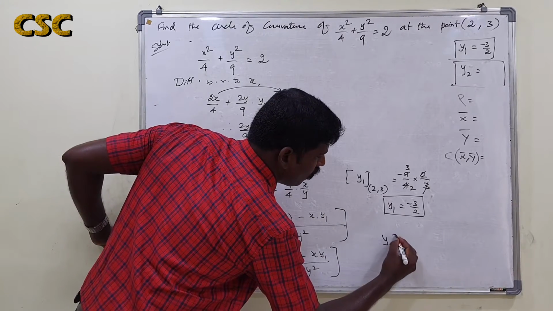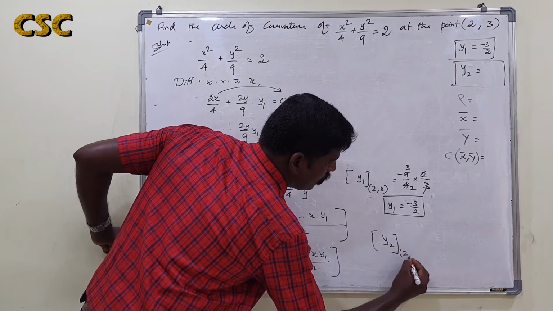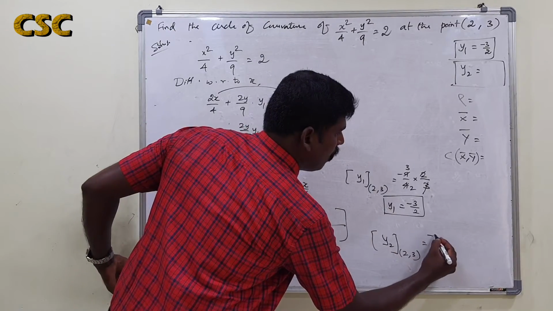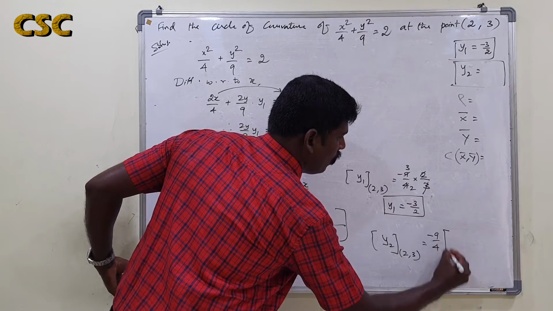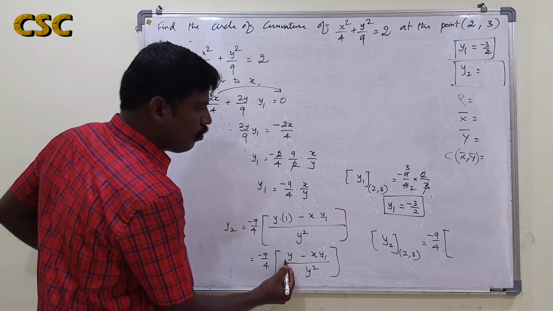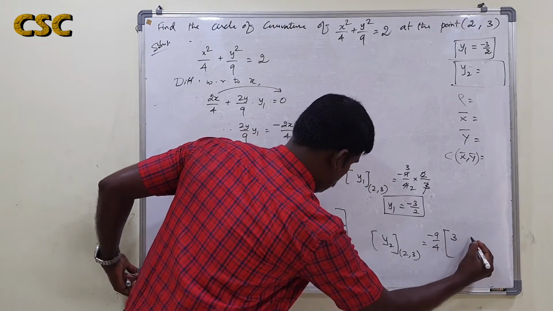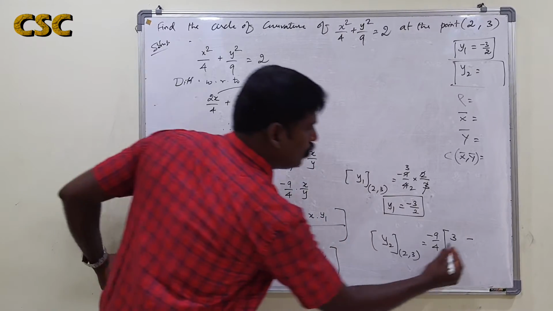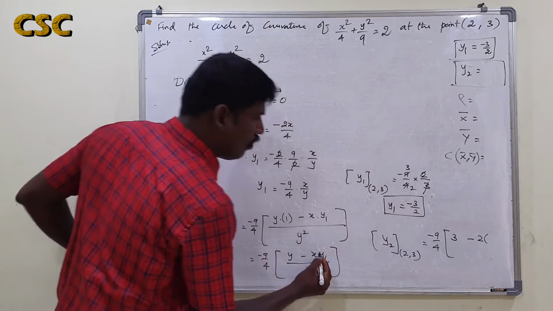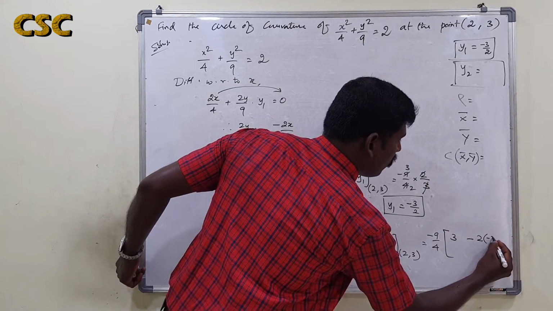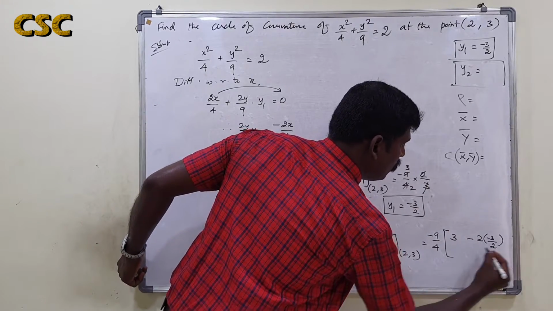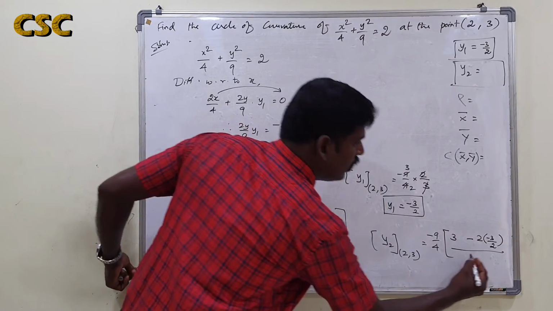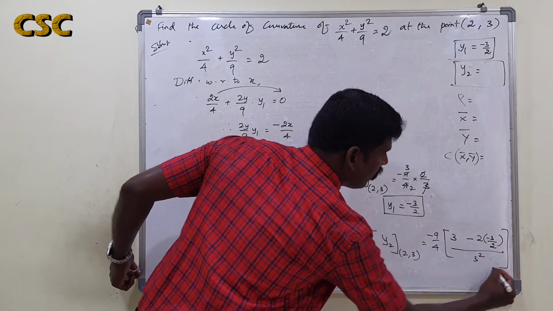Now what is the value of y2 at (2, 3)? It is minus 9 by 4 into y, which is 3, minus x, which is 2, into y1, which we already found is minus 3 by 2, divided by y square, which is 3 square.